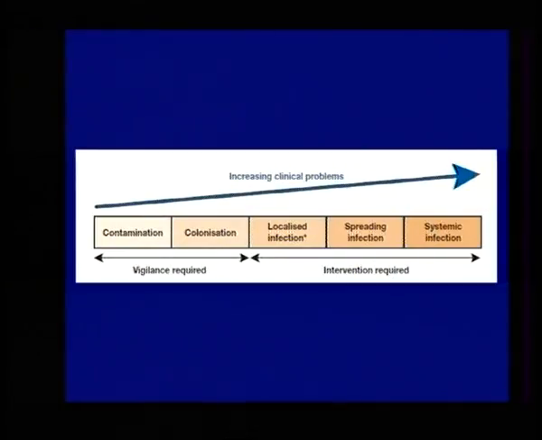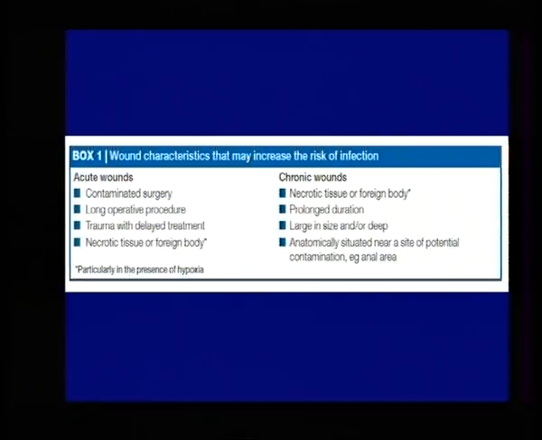The interaction between microorganisms and wound is quite complex. It can start anywhere from contamination, going to colonization, where probably all you need to do is exercise some vigilance. And then it can lead to a localized infection, a spreading infection, and finally to systemic infection, which may involve intervention. There are several characteristics which have been associated with an increased risk of infections and wounds.